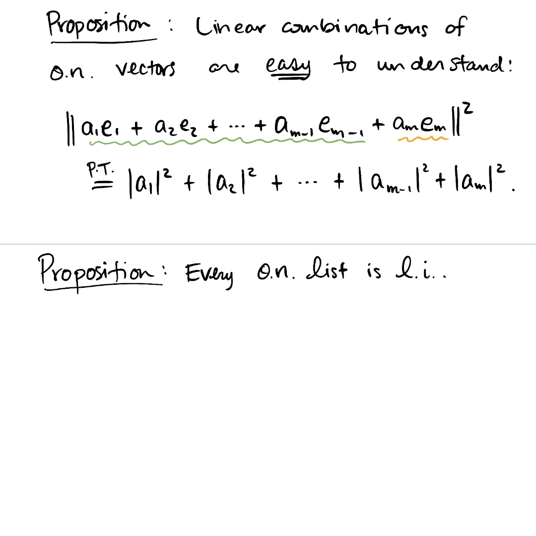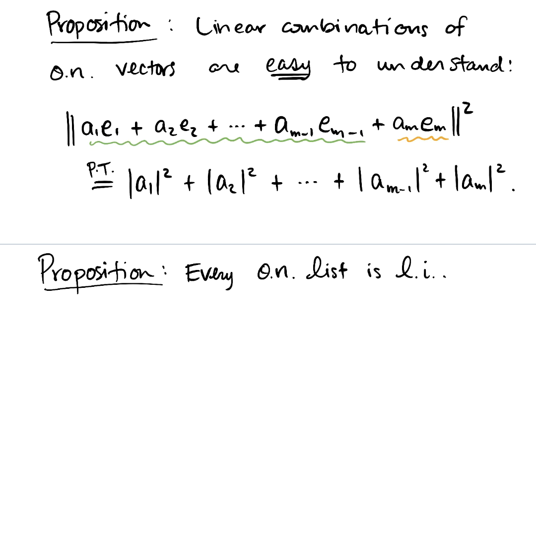Okay, so you got to step back for a sec, make sure you're down with your 306 concepts. A list of vectors in a vector space is linearly independent if the only combination of them that comes out to 0 is the cheesy combination where all the coefficients are 0. So linearly independent means there's only one way to write 0, the cheesy way.